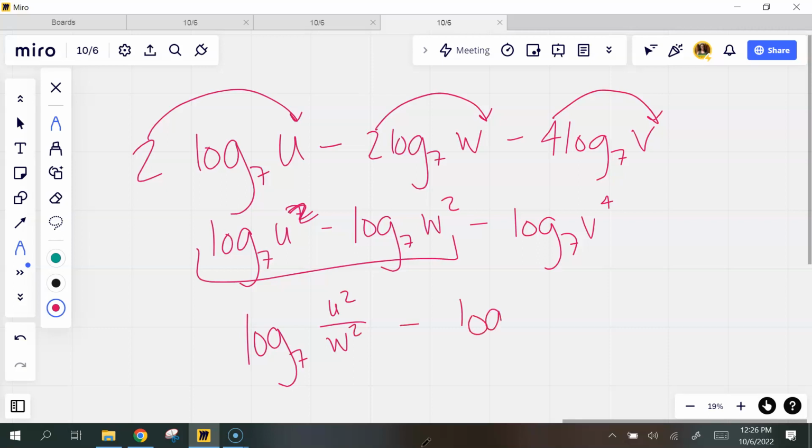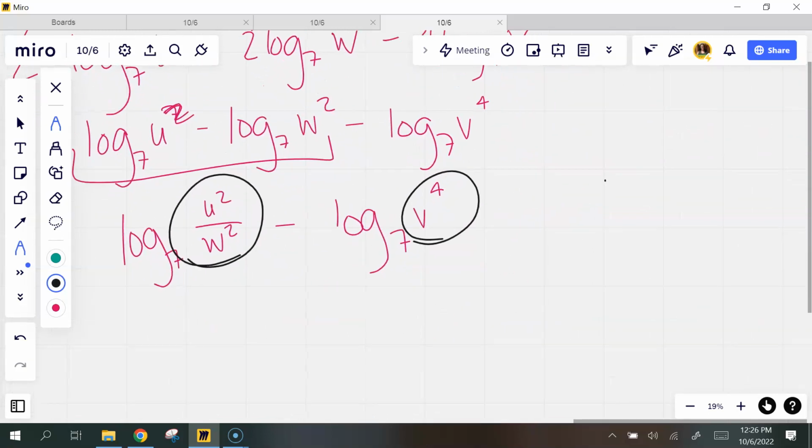And I've still got this one off to the side. Are y'all okay there? Now, I know that I need to divide this by this. Do you agree? What is u squared over w squared divided by v to the 4th?